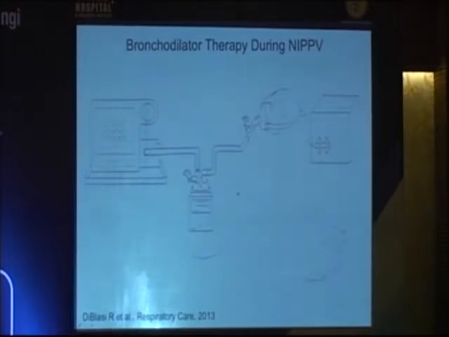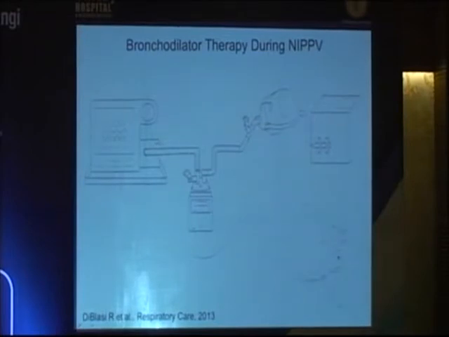It's difficult to put your nebulizer after the leak because there's no mask that's commercially available that allows you to do that. However, until recently, there is a mask that's available. I apologize for the quality of the graphic, but there's a mask that allows you to integrate a small nebulizer right at the nasal airway.